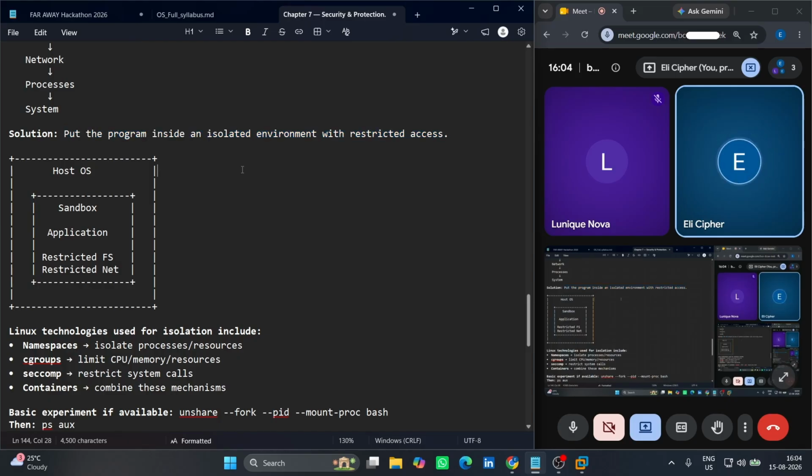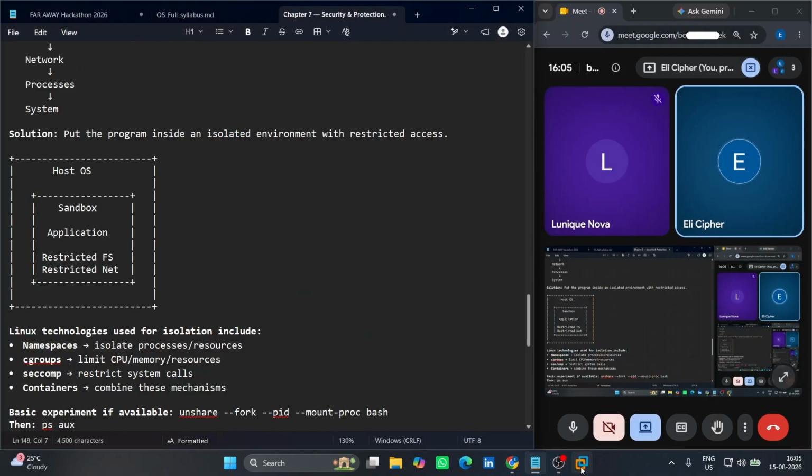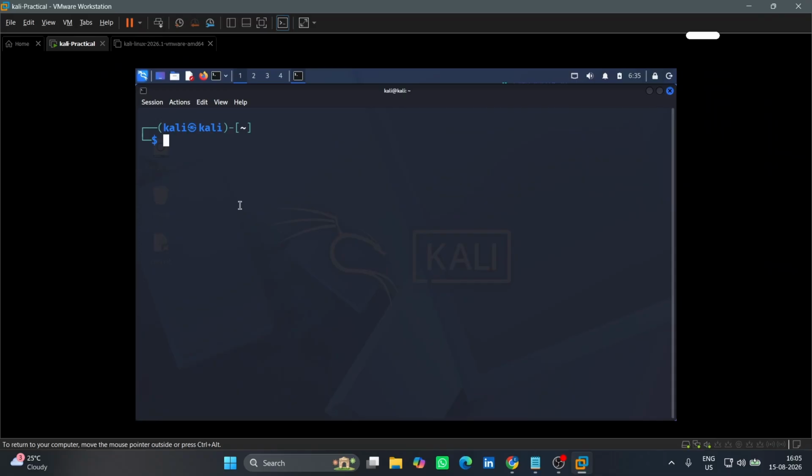It means now we even apply permissions on the environment as well. For example, this is my host operating system, the main operating system, and inside it I create a virtual environment where I run these untrusted files or programs. For example, this is my Kali machine. If I make a mistake in this particular machine, it should not apply to my real machine.